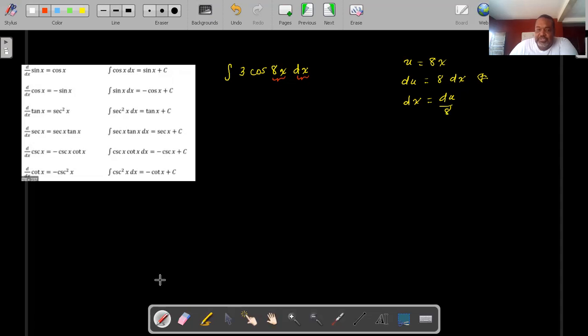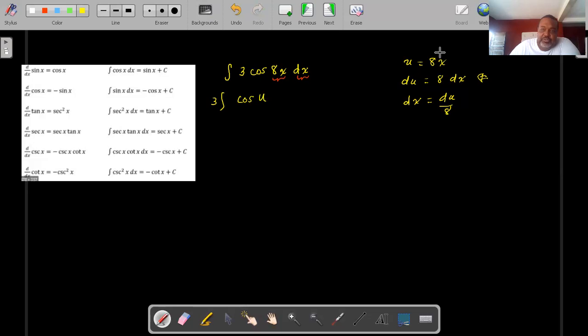So this is substitution, right? This is integration by substitution. Now keep in mind right here, this is a constant. So we can take this outside the integral, right? Which in fact is what we're going to do. So this then becomes 3 integral of cosine u.